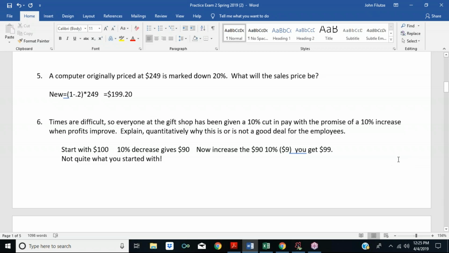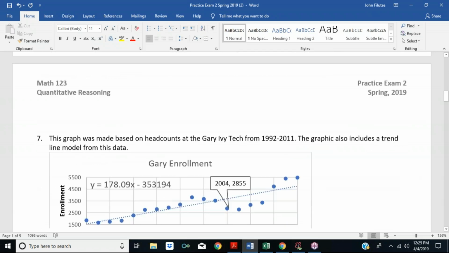Yeah, Anna, that's a good description there too. $10 an hour decreased 10% is $9 an hour, and then increasing that by 10% gives them $9.90 an hour, so they're not back up to their $10 that they started at. Very good.